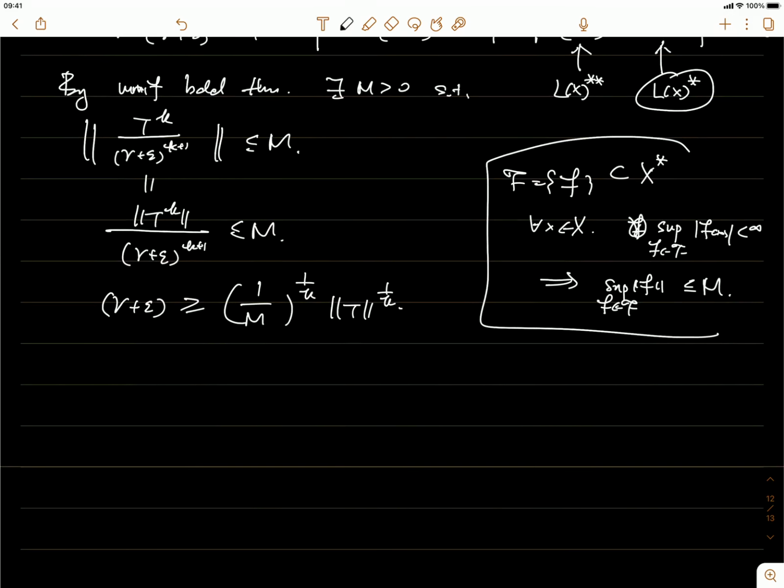If this is true for any k, I know that r plus epsilon is going to be greater than or equal to the limit superior of this.